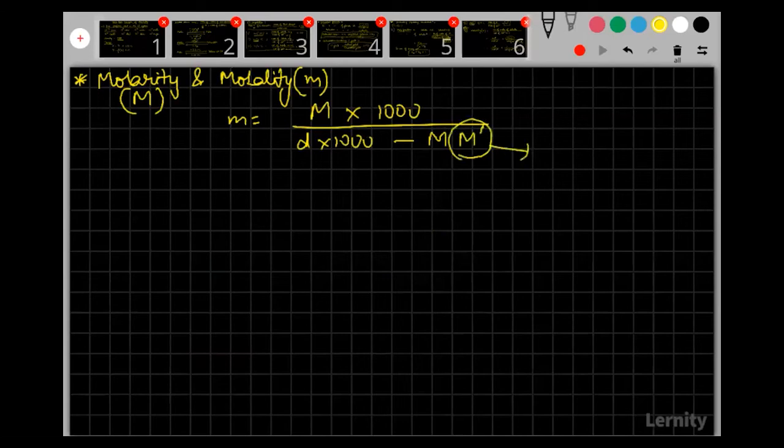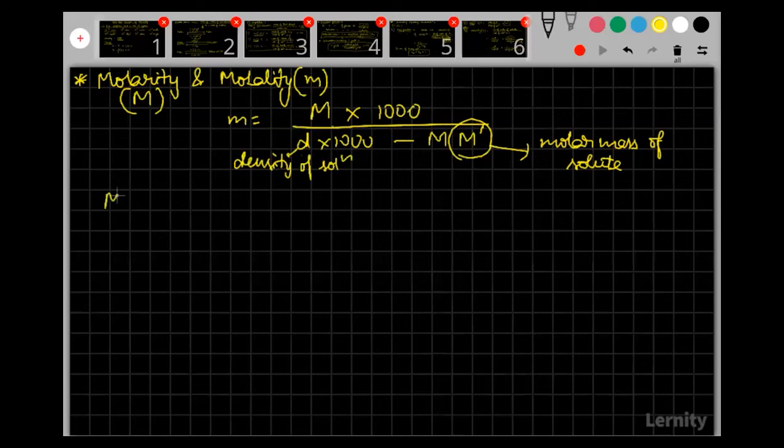Here M prime is the molar mass of solute. So these are the direct relationships between molarity and molality. Capital M is molarity here, d is the density of solution. Remaining all the terms are clear.